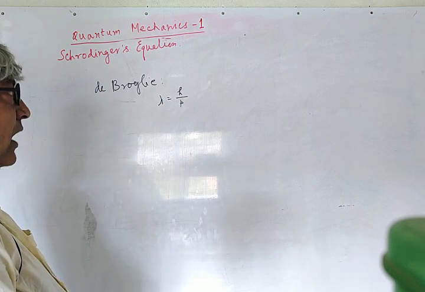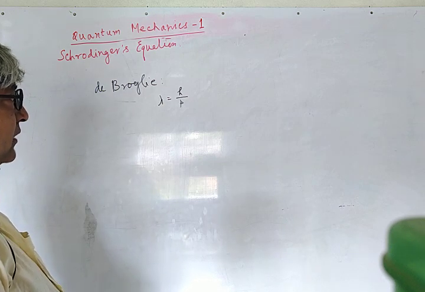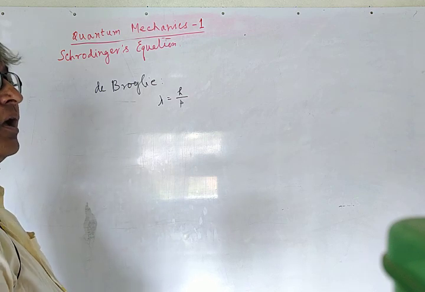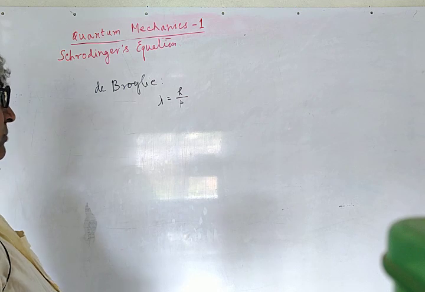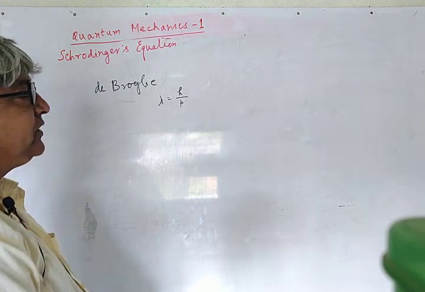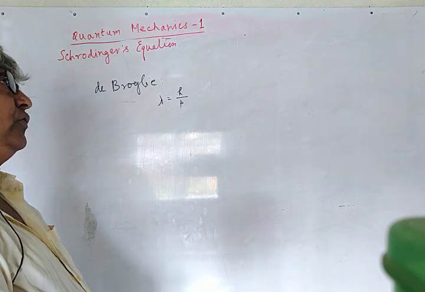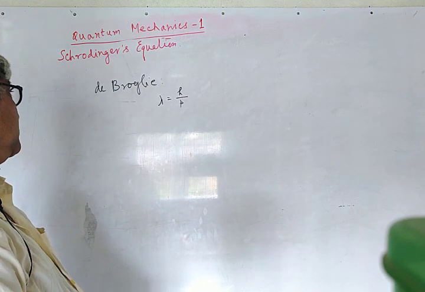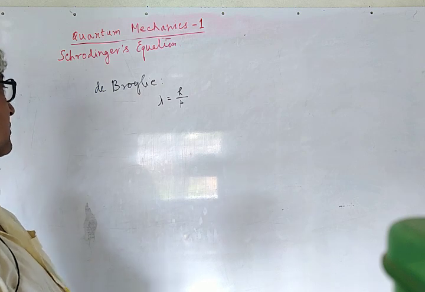It is found that for a microscopic particle, lambda is appreciable and can be measured or felt with the present-day available instruments. And for a macroscopic particle, lambda is too small to be detected even with the most sophisticated experiments that we have in our hands.